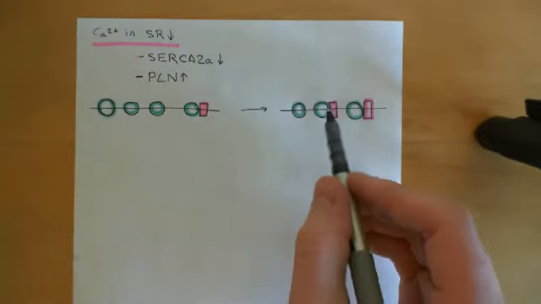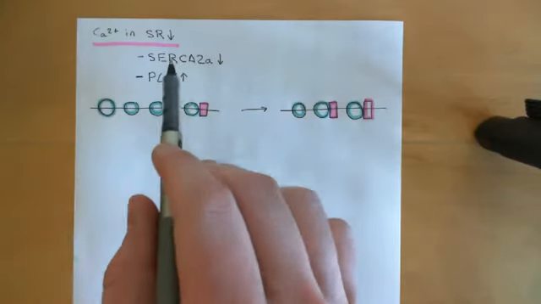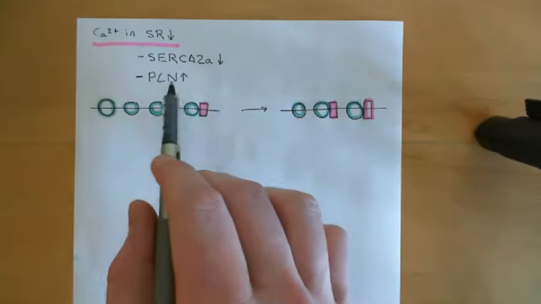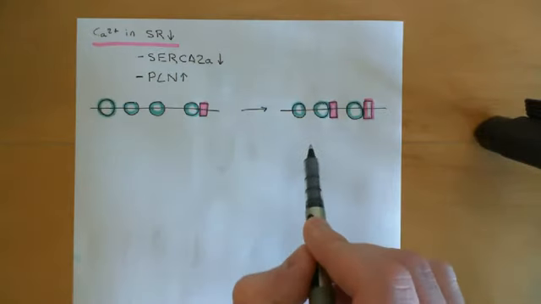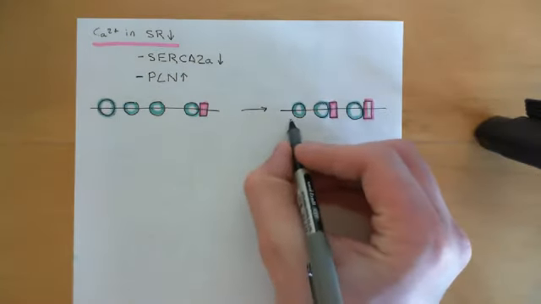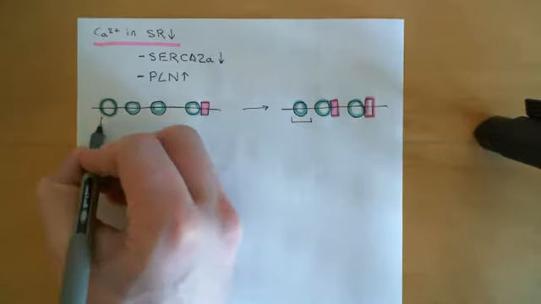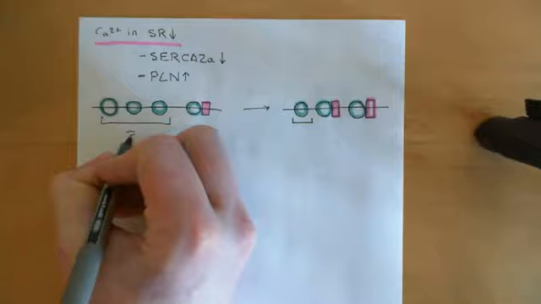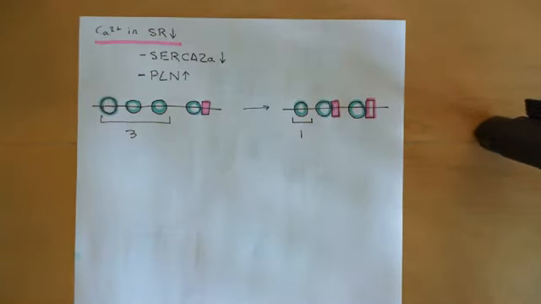So both of these factors, both the absolute drop in SERCA2As and the increase in the fraction bound to phospholamban, mean that the number of SERCA2As that are actually functional, which are the ones that aren't bound to phospholamban, is hugely reduced. So it's gone down from 3 to 1. Both of these factors hugely decrease the functional SERCA2As in the sarcoplasmic reticulum membrane.